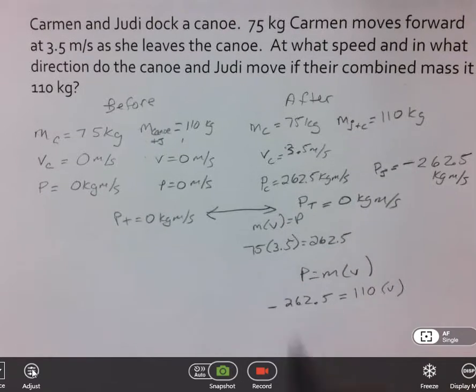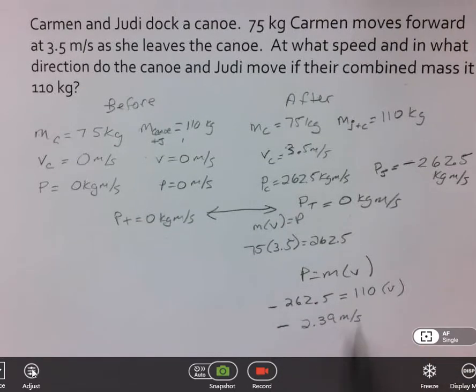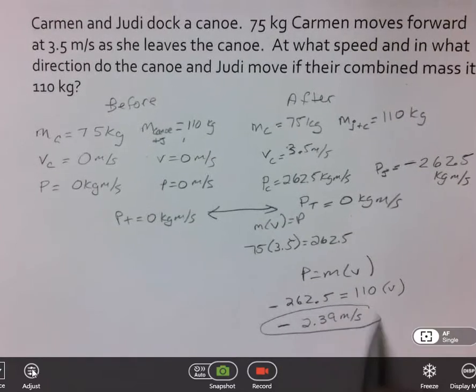So I divide both sides by 110, and I get 2.39 meters per second, sorry, and it's negative. So it means it's going in the opposite direction. So it's going backwards. So the canoe and Judy go 2.39 meters per second backwards, and Carmen dives off forward at 3.5 meters per second.